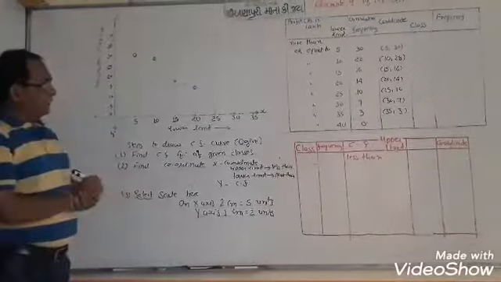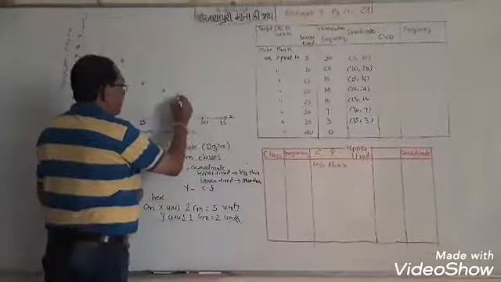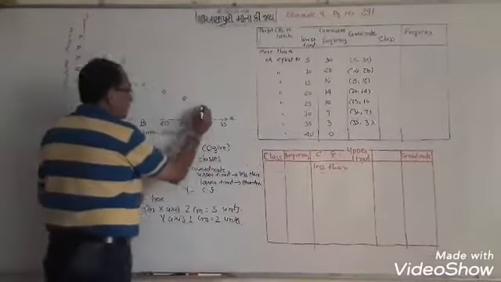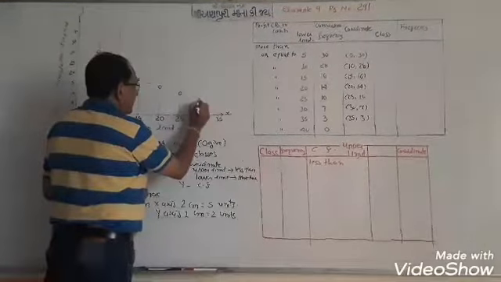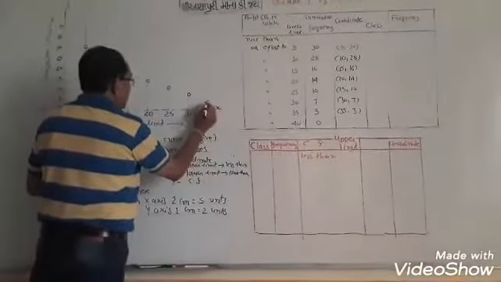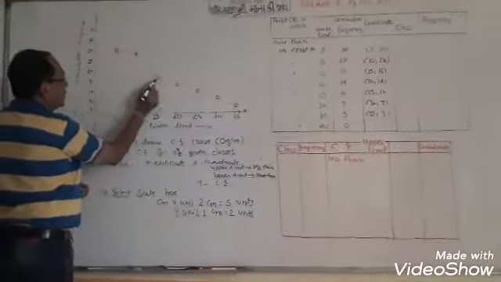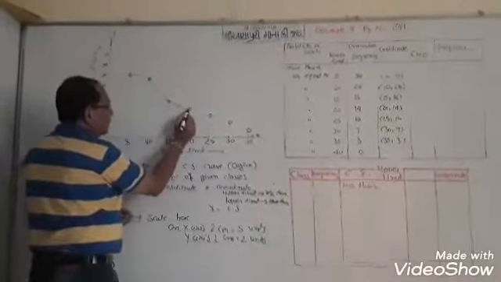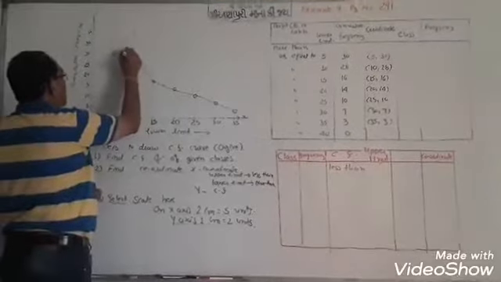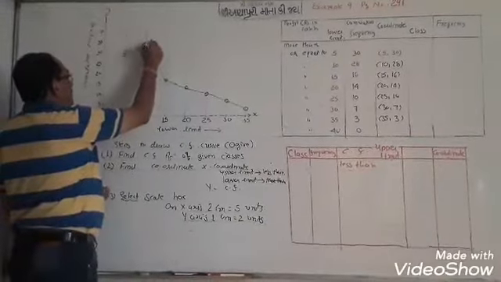And 25, 1. Then 30, 0. Now draw this cumulative curve, a smooth curve. That is your more than type curve.